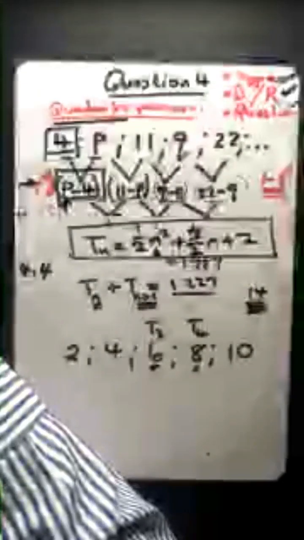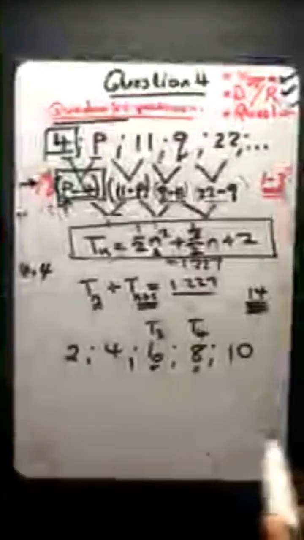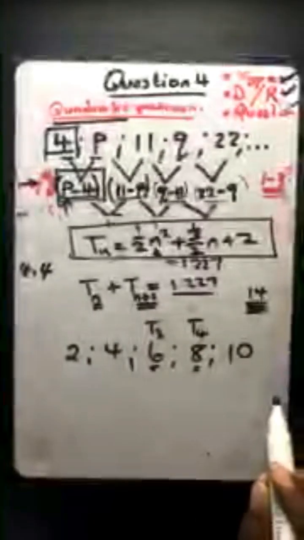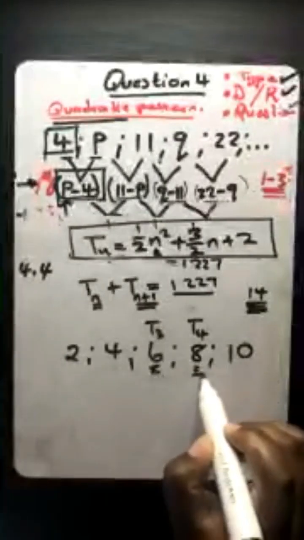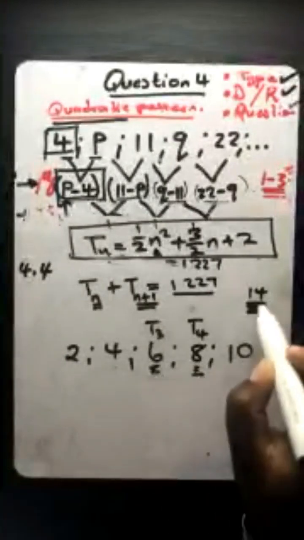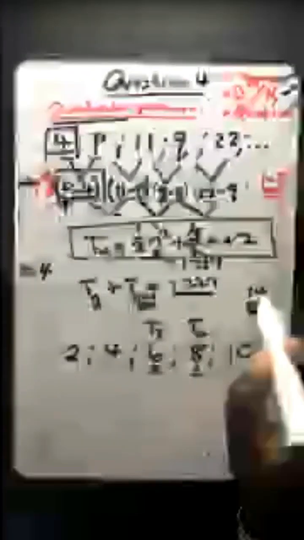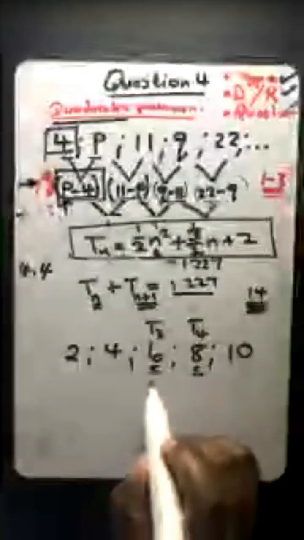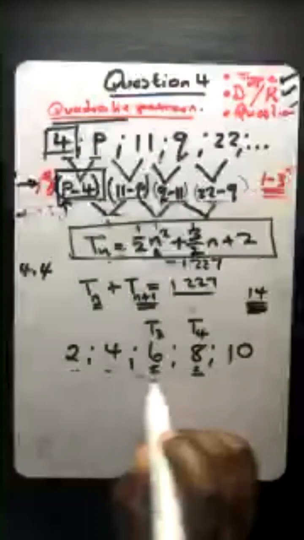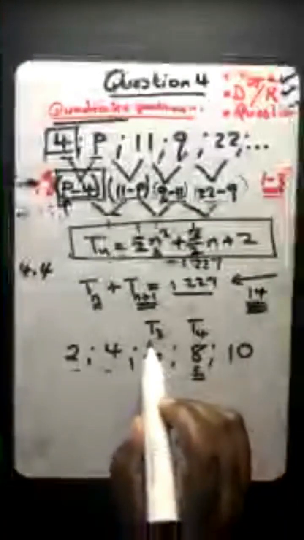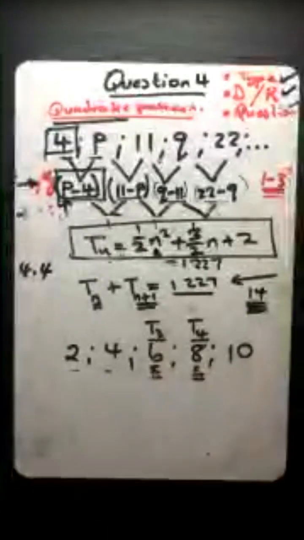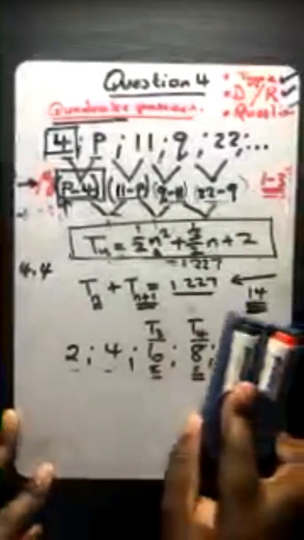So that means it is not 6 and 8 that when you add them together, they give you 14, but it's term number 1, 2, 3, and 4. So in this question, they are not telling you that it's term number 3 and term number 4. You are just having blank information there.